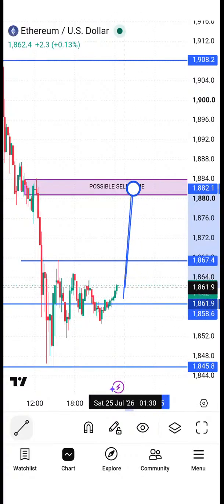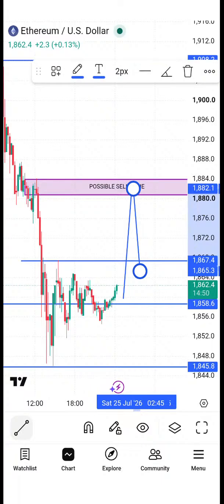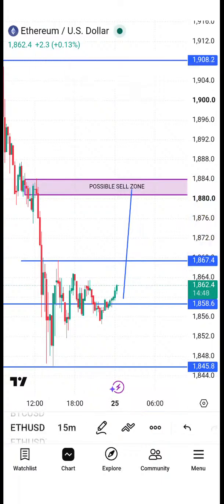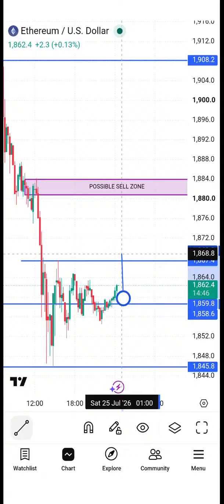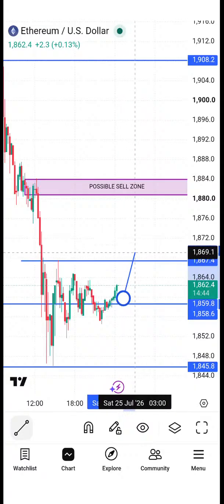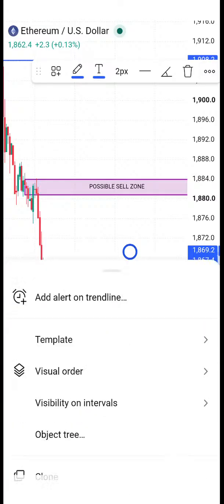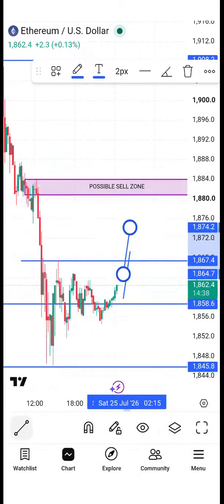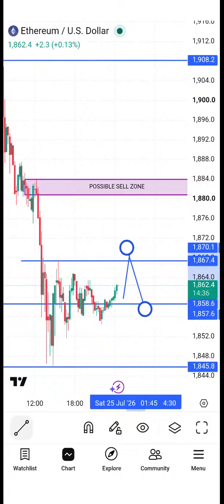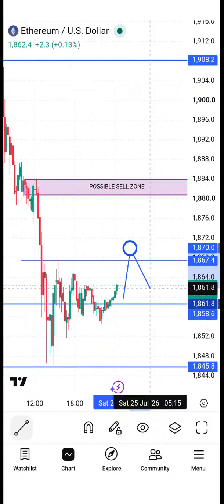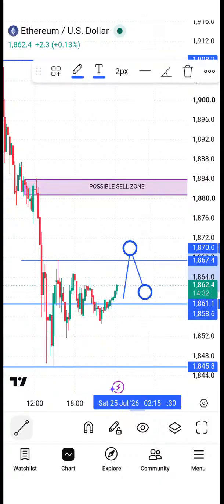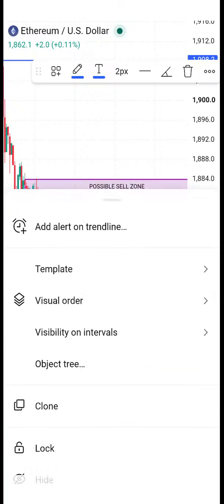But for now, I think you should wait for the market to break out of this zone. This is what I'm expecting. I'm not saying the market will do exactly what I am showing you.